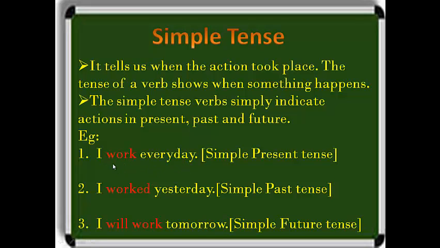Look at the verb here, work. It is in simple present tense. I worked yesterday. The verb is in past, which means simple past tense. I will work tomorrow. Will plus verb. The verb is in simple future tense.